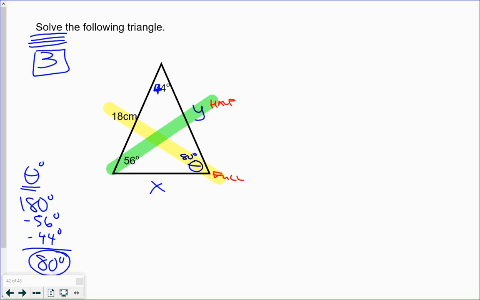Okay, so full set, half set. So full set, 18 over sine 80. Half set, y over sine 56. Okay, full set, half set.